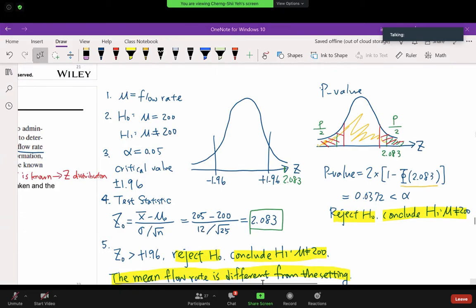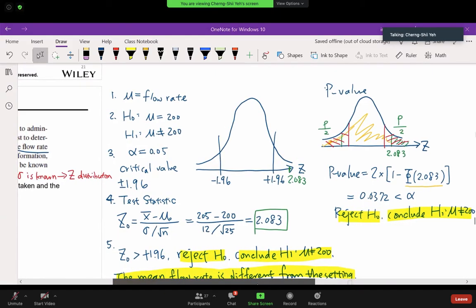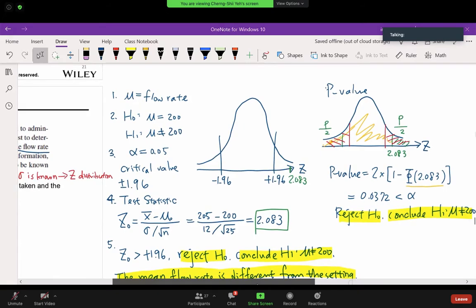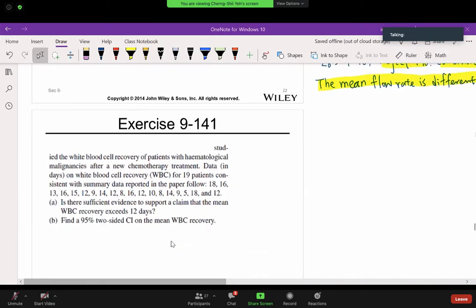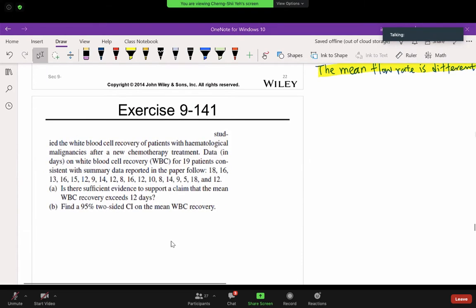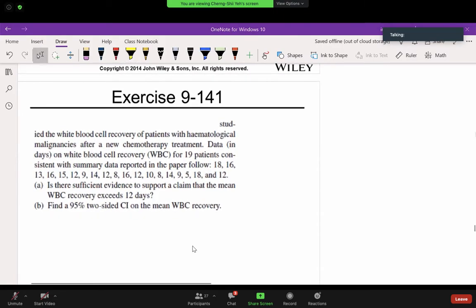Okay, let's go down to the next exercise. Okay, next exercise. In this case, let me zoom in a little more.